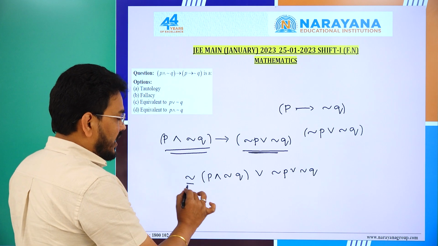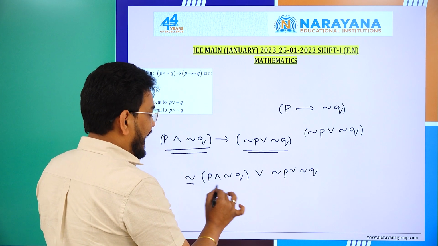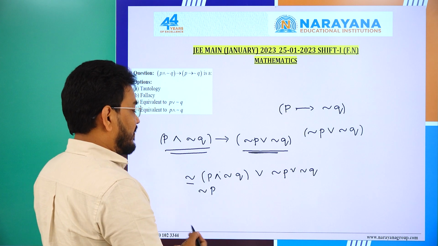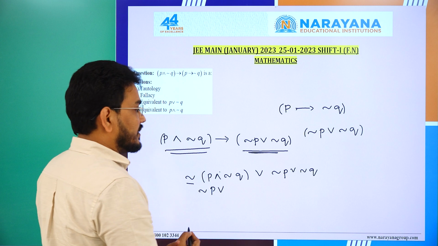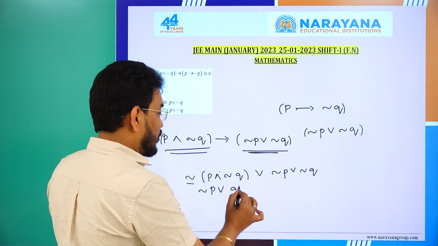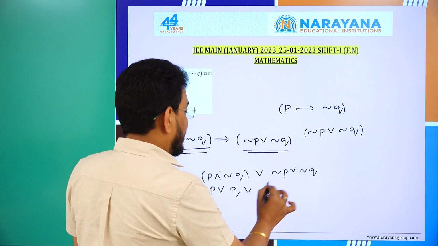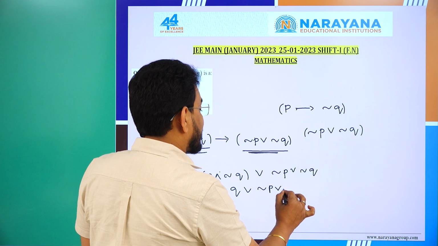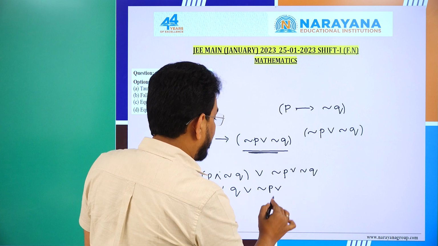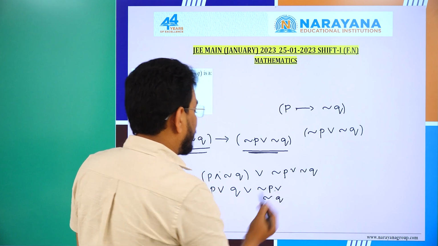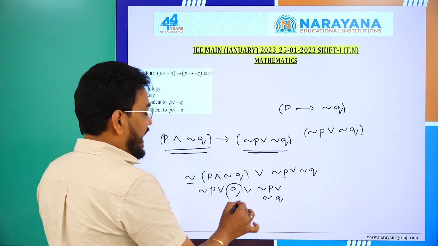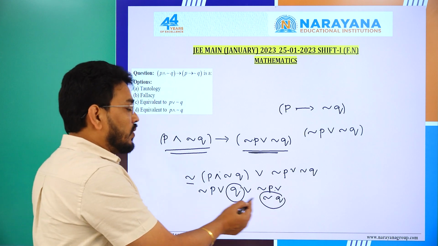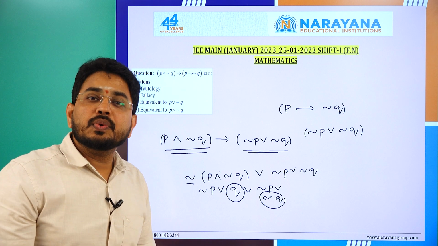So negation of P is there, so what will happen? This is negation of P or Q or negation of P or negation of Q. Okay, sorry, negation of Q. So here P or negation of Q union is coming.